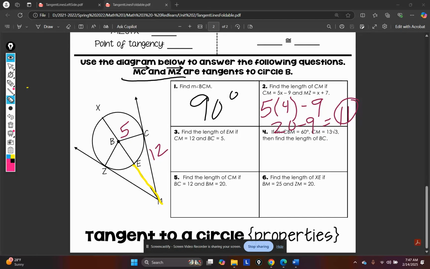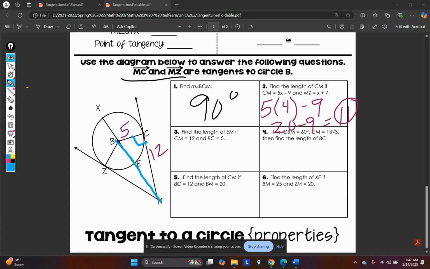We want to find EM, but in order for us to find EM, we need to find the whole side. We need to find the whole thing. And we know that this creates a right triangle.